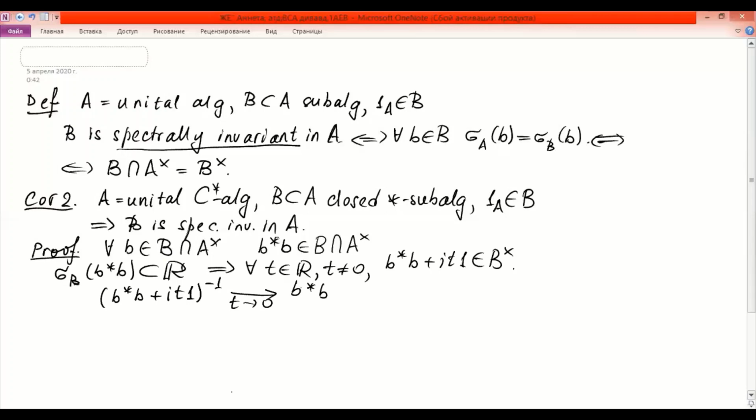Sorry, not to b star b, but to b star b inverse, because the inversion is continuous. But this element sits in the subalgebra B by the previous line. And so, since the subalgebra is closed, we conclude that b star b inverse sits in the same subalgebra B.